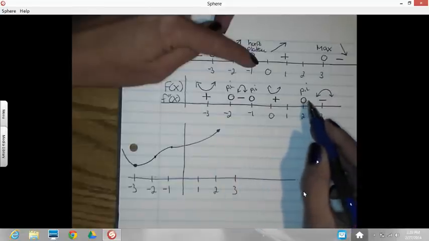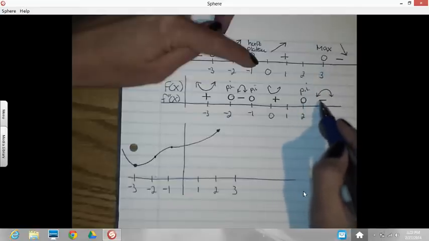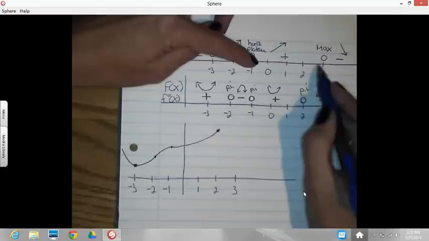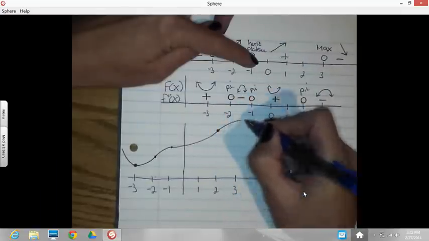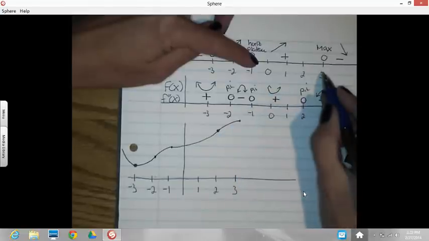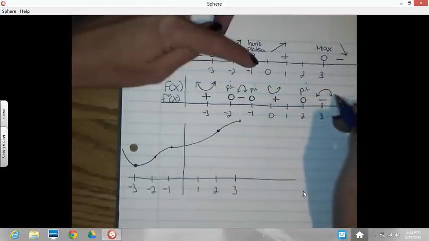And then 2 to 3, we are concave down, but still increasing. So switch the concavity, still increasing. And then after 3, that's our last critical point, I know it's a max, it's concave down and decreasing.